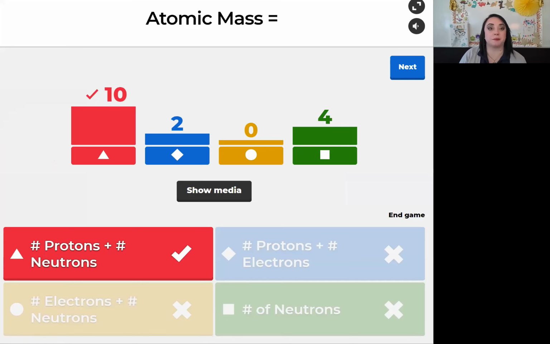All right, good. So the mass of an atom comes from the number of protons and the number of neutrons.